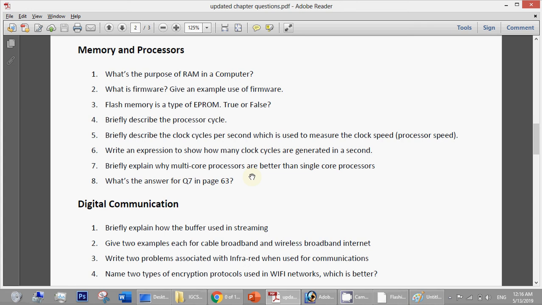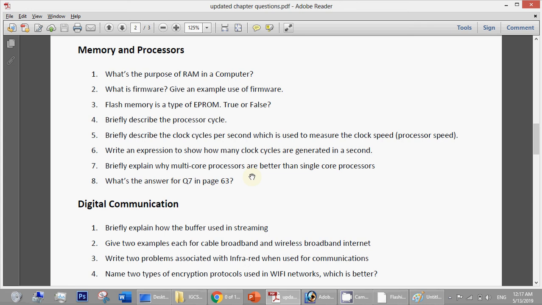What's the answer for question number 7 in page 63? Well, page 63. Let me turn to page 63. It's a bit tricky question. Okay, it says which one of these describes the term clock cycle.